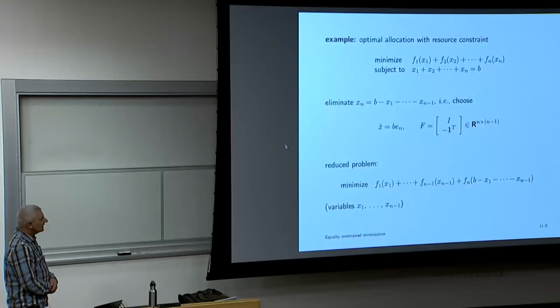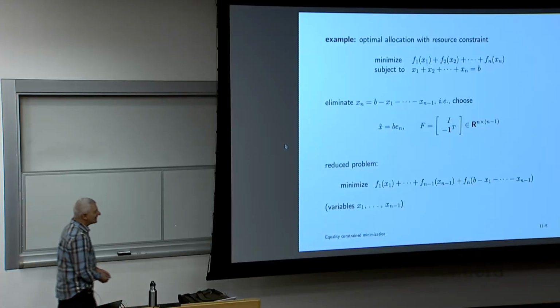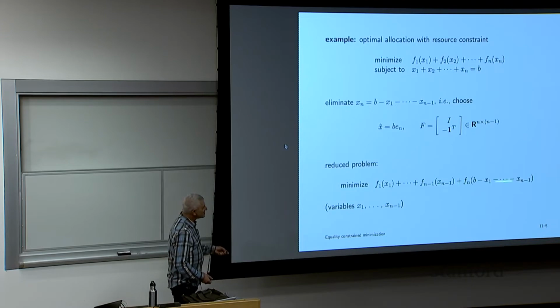Yes? The point of the F matrix, because I don't see it in the reduced problem. So it is here. What I've written here is literally the original f of capital F z plus x hat. I'm just writing it out in its more natural form, but that's exactly what it is, right?